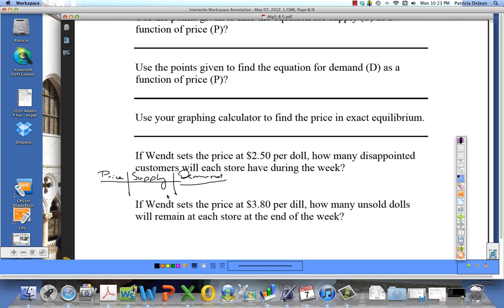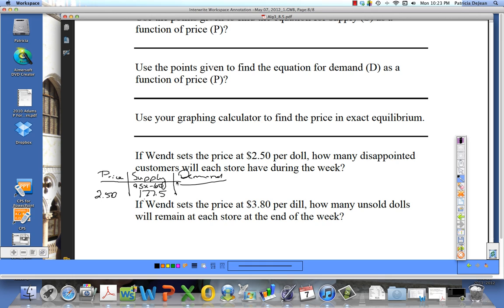So at 250, you go up to the top and you have the 95x minus 60. You put in 250 for that x, so you have 95 times 250, and then minus 60, and so that's 177.5.